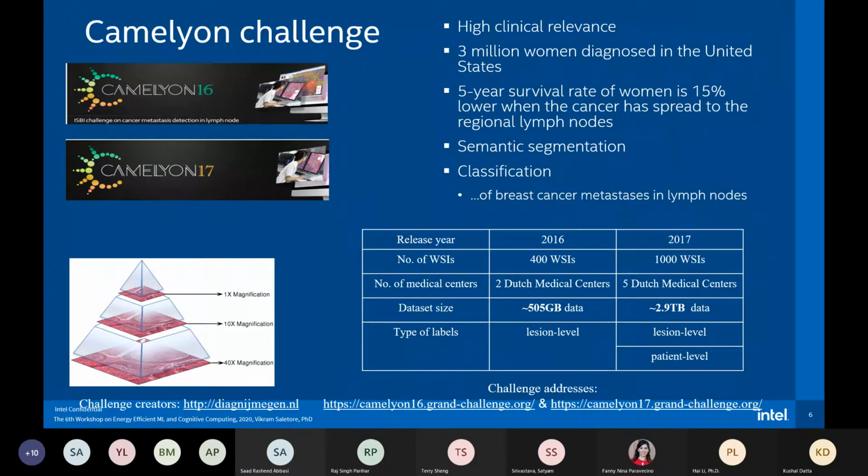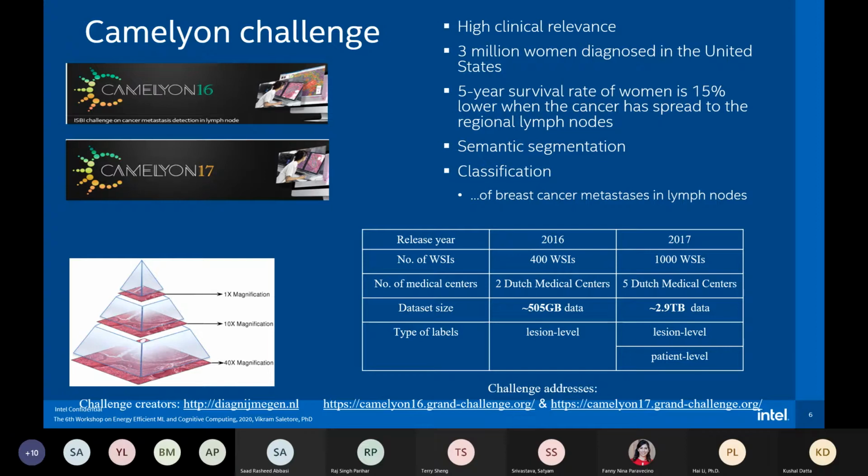A large number of women get diagnosed with some kind of cancer metastasis, and the five-year survival rate is less than 15%.